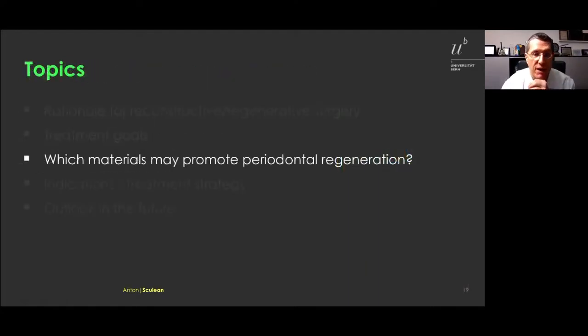And now we are facing a very important problem from a biological and of course from a clinical point of view, because we have a tremendous variety of different materials, starting with biologics, with membranes, with bone grafting materials, combinations thereof, etc. And if I'm critical, I have to ask myself, what kind of material should I use?